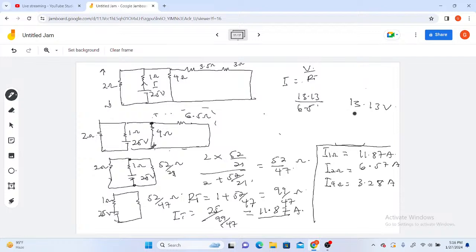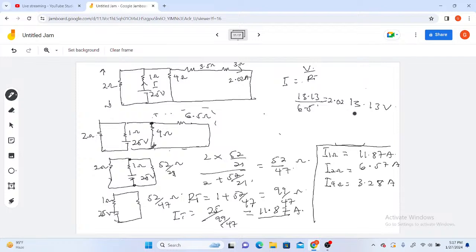So you have 13.13 over 6.5, and that gives us 2.02. So the current across this branch is 2.02 amperes.